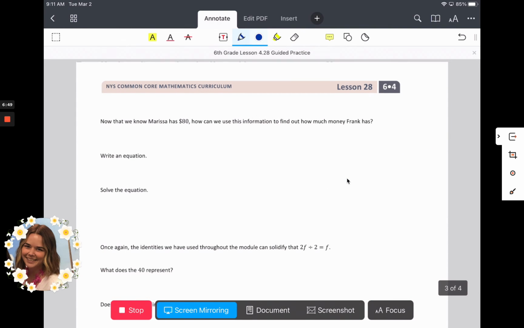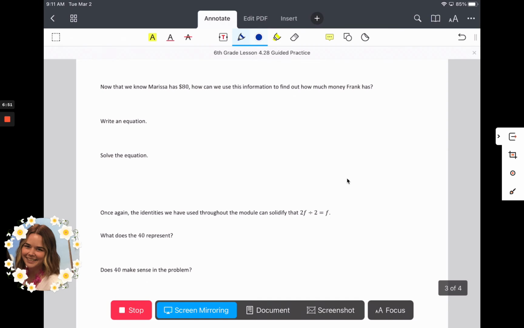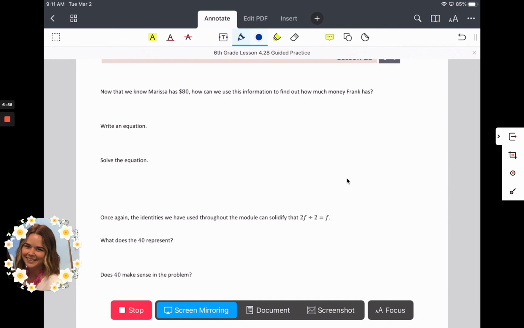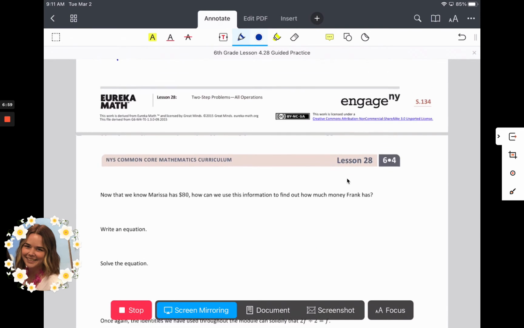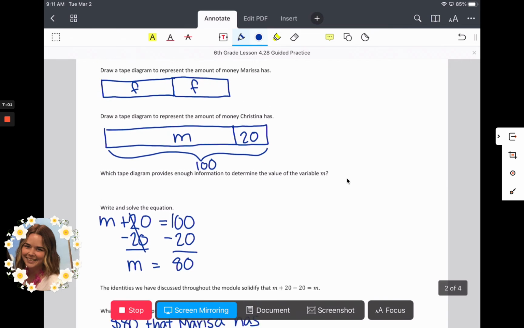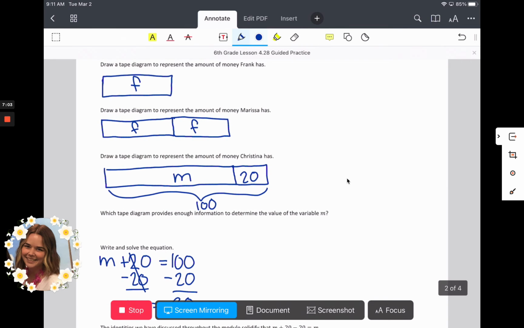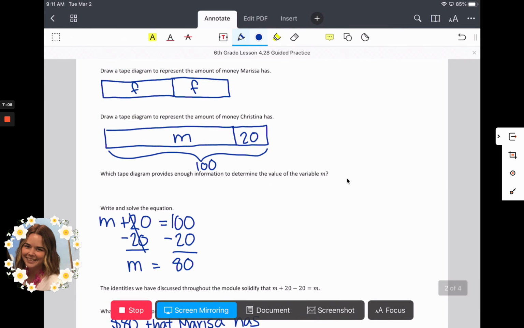So now that we know that Marissa has $80, we can use this information to find out how much Frank has. So let's go back up to our tape diagrams to help us write an equation. If we know that M equals 80, then F plus F has to equal 80.